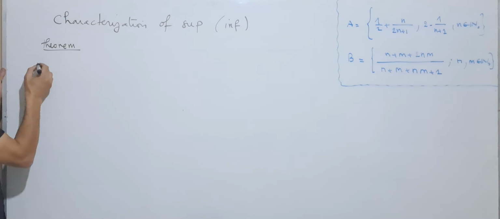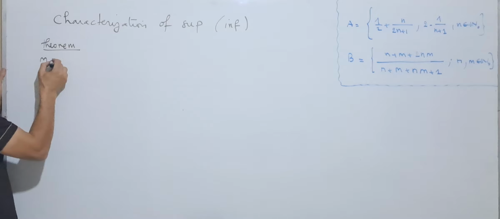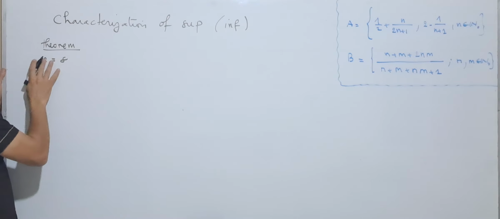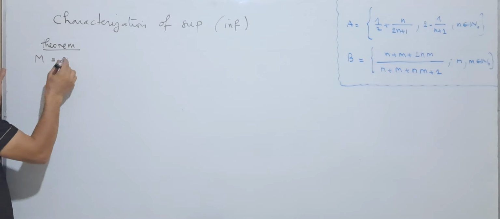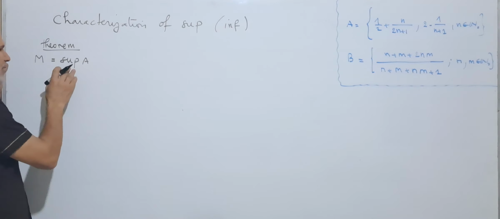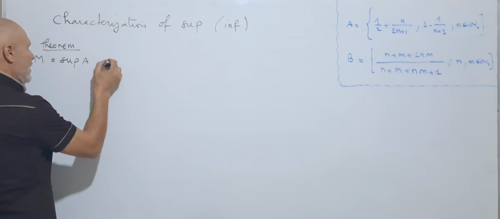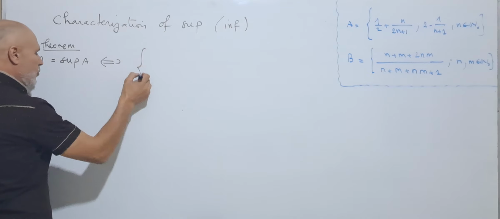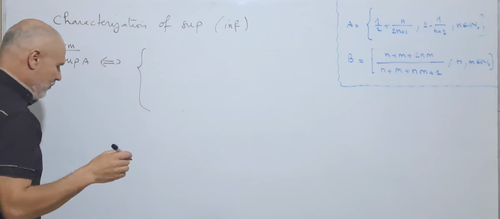Theorem: we have the characterization that M equals the sup of an upper bounded set I. This is equivalent to verifying the following.